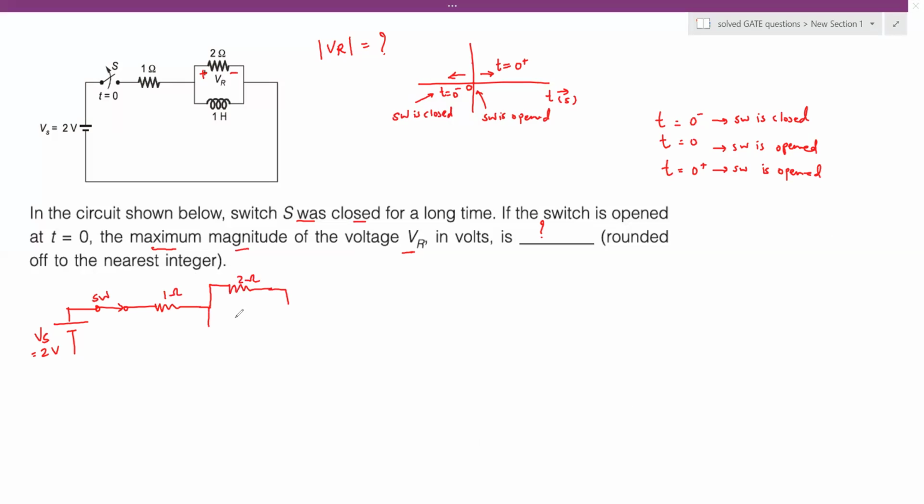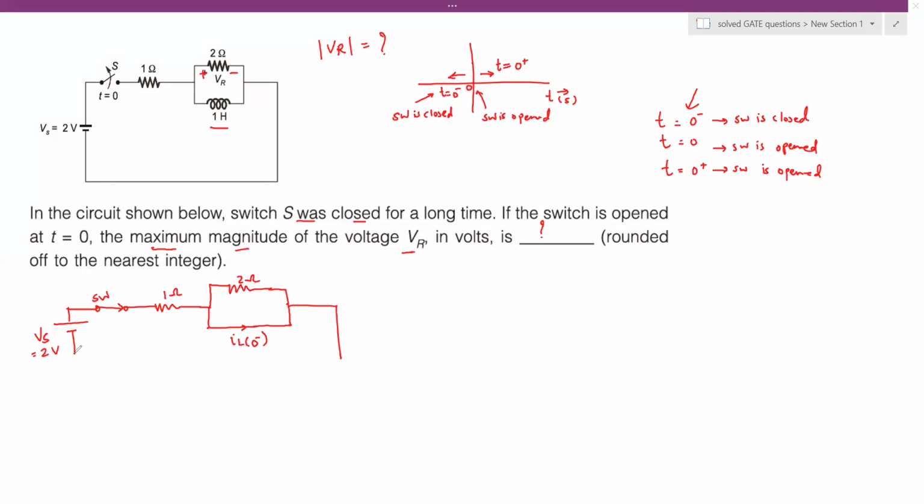Now, how does the inductor behave when the switch was closed? We assume that the steady state condition for the inductor has been reached. In steady state, the inductor acts as a closed circuit, or a short circuit. So the current through the inductor, IL of 0 minus, at the time t equal to 0 minus when the switch is closed, is such that the inductor behaves as a short circuit.